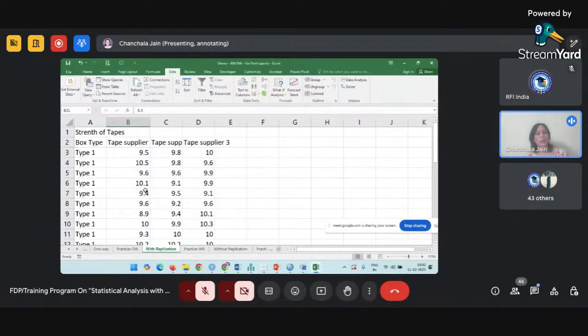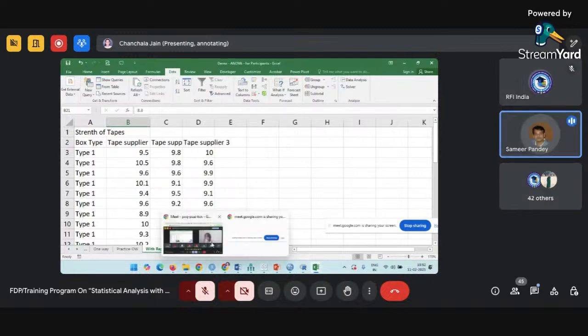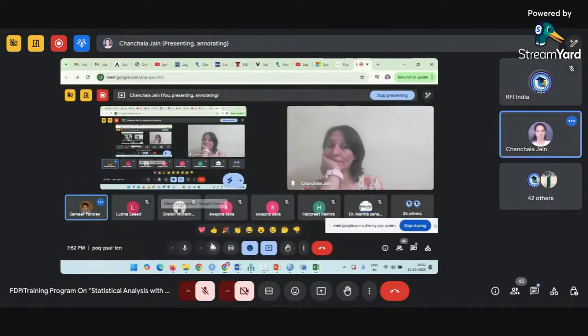Now when I talk about with replication, you need to understand how many hypotheses you need to create. Anyone who can guess? How many null hypotheses I need to write here? Any guesses? 2, ma'am. 2 null hypotheses.